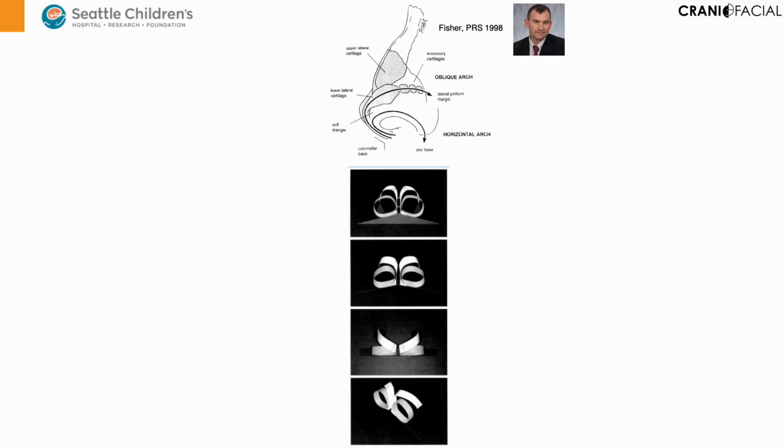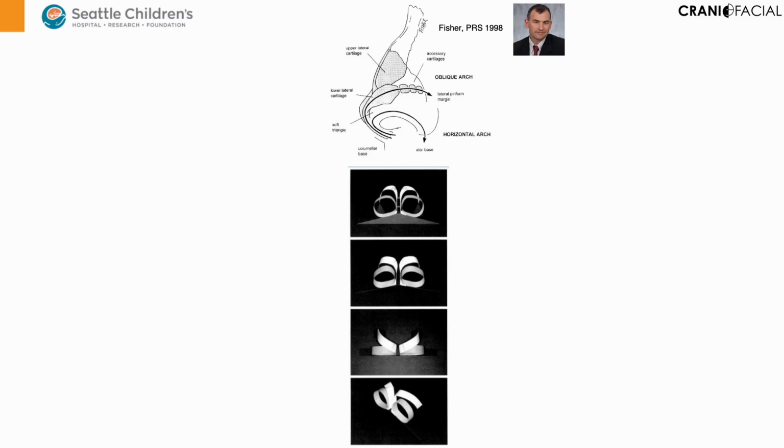It goes like this. If you think of the nose being composed of two arch forms, the horizontal arch form following the rim of the nostril, and the oblique arch form that follows the course of the lower lateral cartilage and the accessory chain of cartilages as they insert onto the piriform aperture, those two arch forms can be represented by paper ribbons.